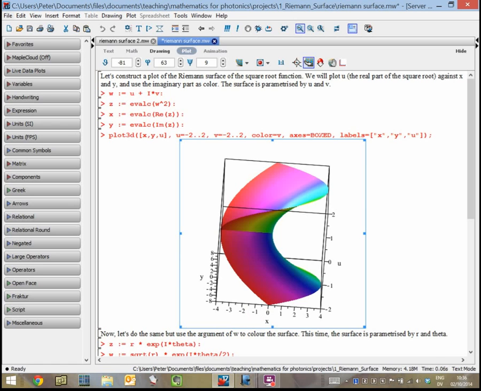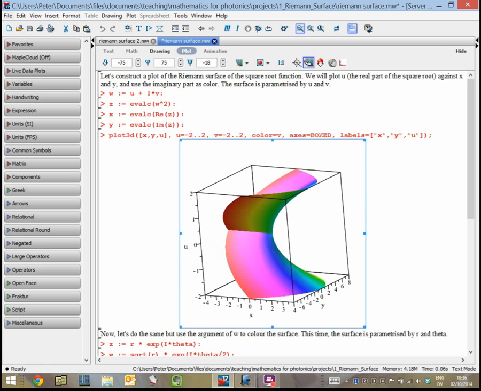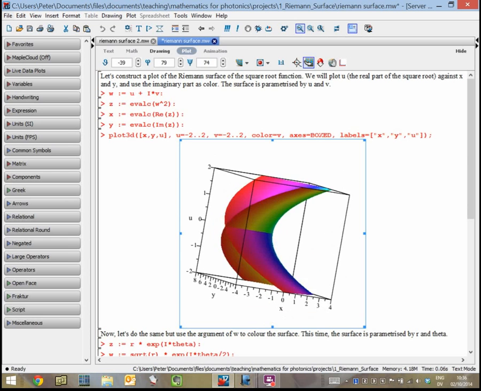There's of course one exception, and that's the origin here, because the square root of 0 is 0, and plus 0 and minus 0, that's of course exactly the same thing. But apart from that, for all of the other points, you have contributions from the positive parts here, from the higher branch, and from the negative parts here. So this is a double valued function.